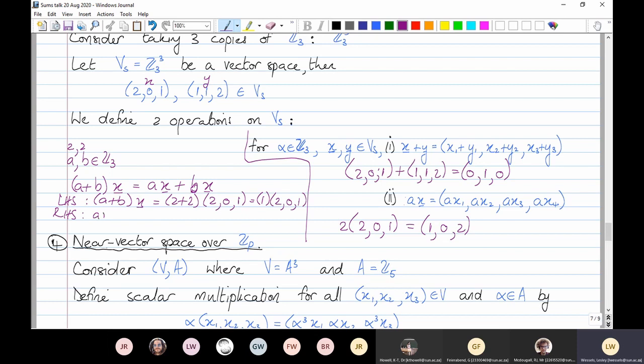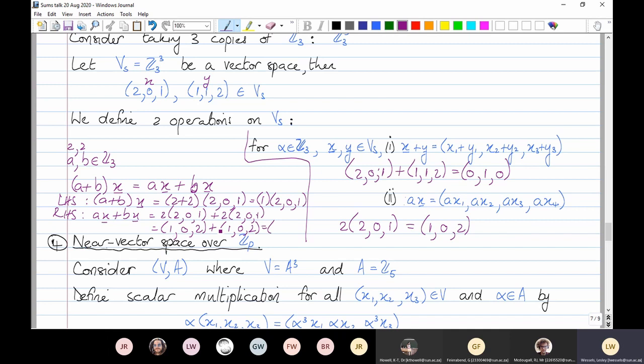On the right-hand side, I'm going to get the same value. So I have A times X plus B times X. So I'm going to get 2 times (2, 0, 1) plus 2 times (2, 0, 1). This is going to give me 4, which is (1, 0, 2), and this is going to give me again (1, 0, 2).